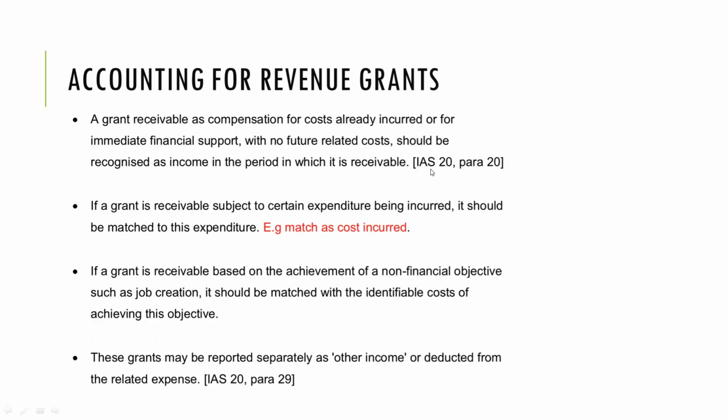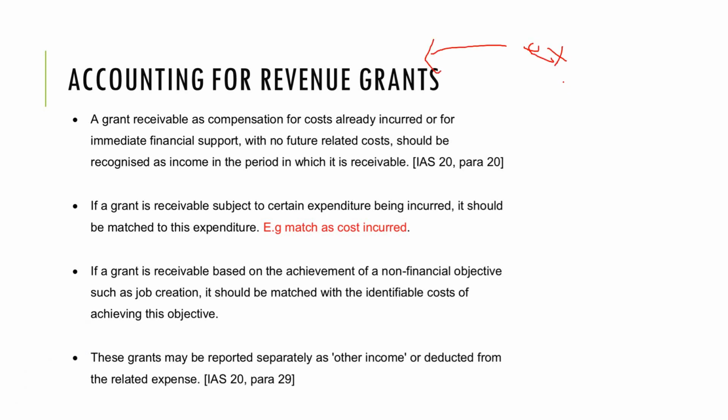So as we have looked at in our first slide just now, there are three different types of grant. Each of these grants has its own accounting treatment. So let's look at the first one. For example, how do we account for a revenue grant? Revenue grant means that you must match it with the related expenses. So revenue, match it with the expenses.